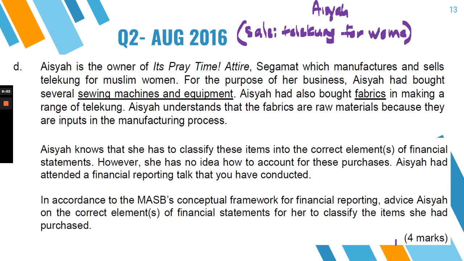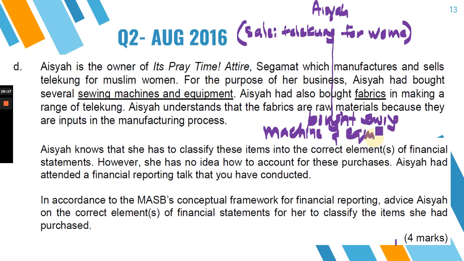And then Aisha had bought several sewing machines and equipment. So this sewing machine and equipment is to be used in the business, and this one is their asset, or this is the PPE.